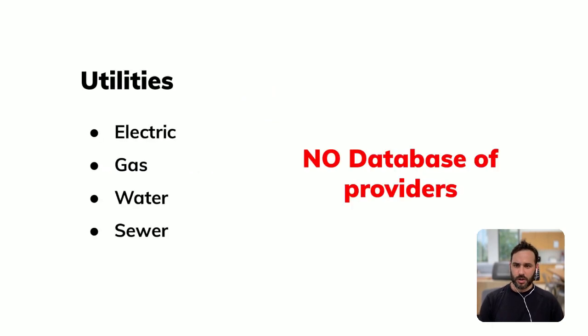When I say utilities, what are the actual services we're talking about? There's a couple here: electric, gas, water, and sewer. Today, there's no database that actually has the list of the companies that are servicing that particular utility.